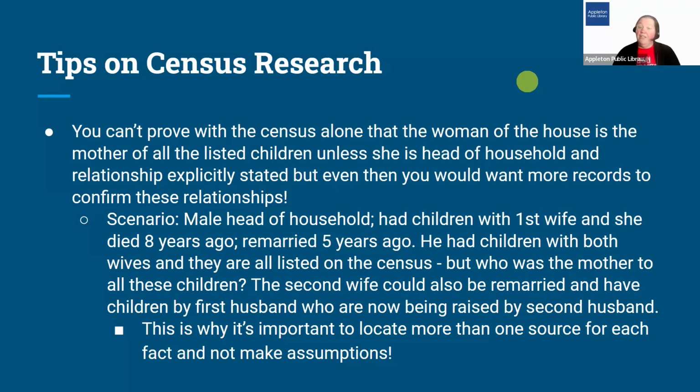You can't automatically assume that it's the second wife, just because that's the wife he's married to at that time. The second wife could have also been remarried and have children by her first husband who are now being raised by the second husband, and they changed their surname. So again, there are all these complicated family relationships that, by the census alone, you can't say this woman is the mother of all of these 10 children listed in this house, for example.